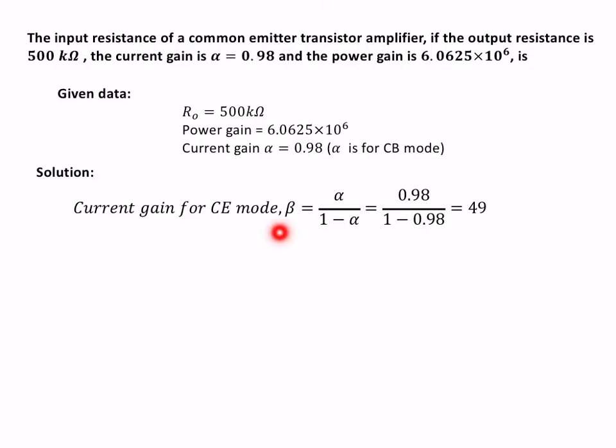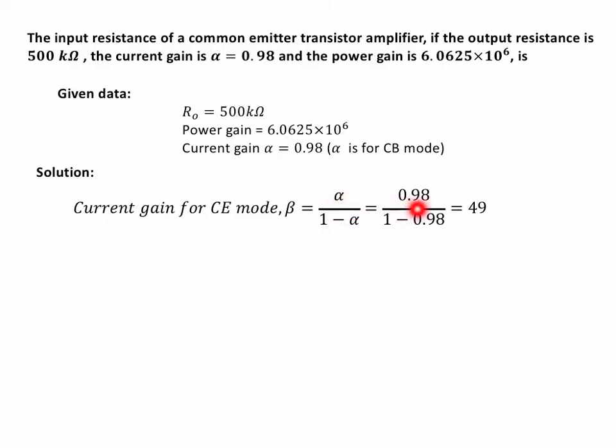The electrons are emitted from the emitter and deposited in the collector. When 100% of electrons are emitted from the emitter, 5% goes into base and 95% goes into collector. So IE is equal to IB plus IC. From that derivation we get beta equal to alpha by 1 minus alpha.